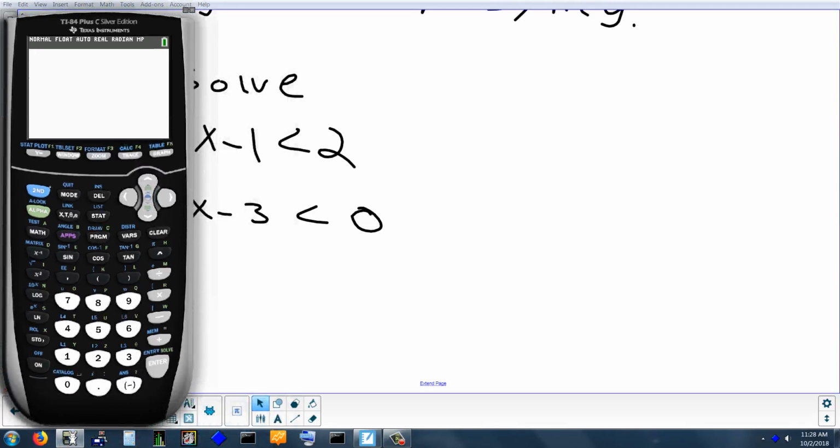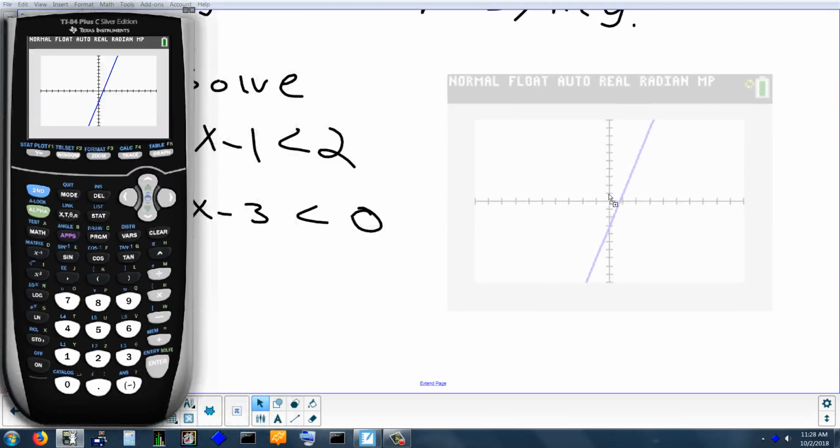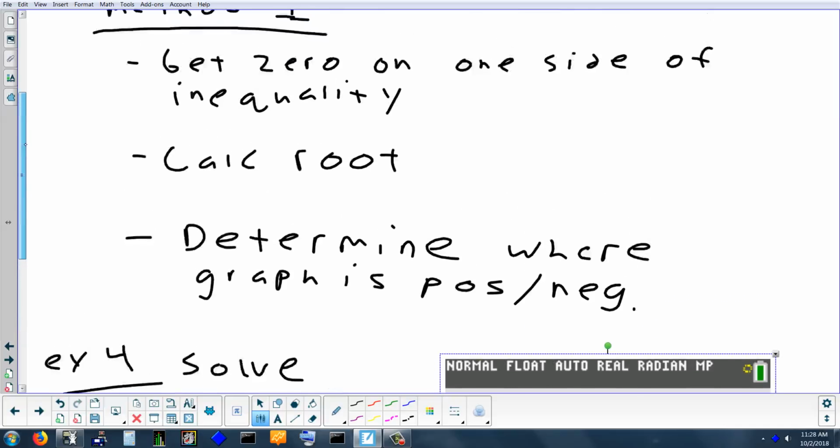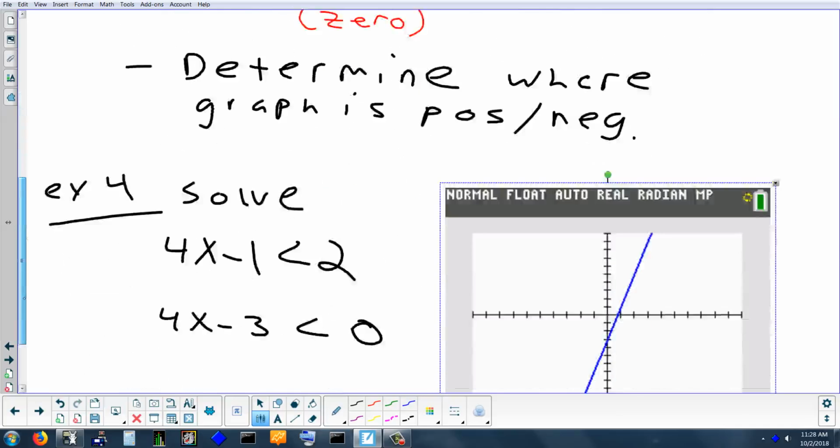So on the calculator, you're going to type in 4x minus 3, and I'm going to do zoom 6. And what I want to do is now calculate the root. Okay? Or some calculators it says calculate the 0.